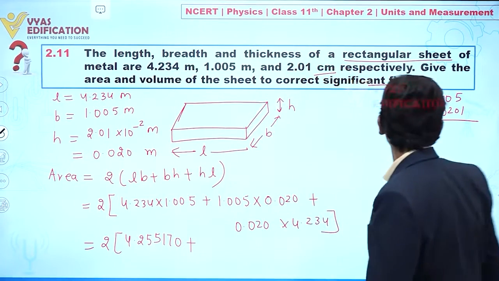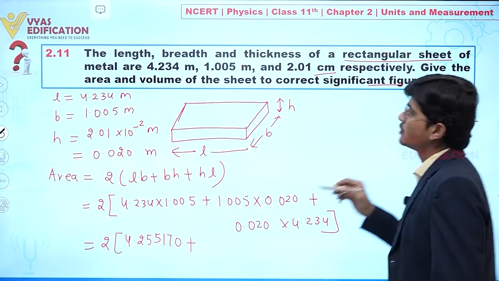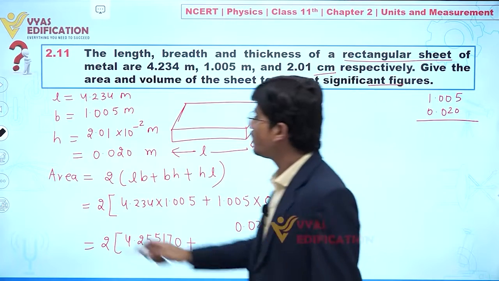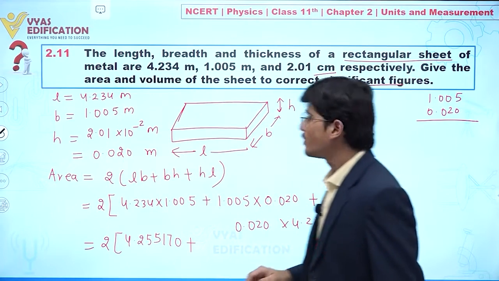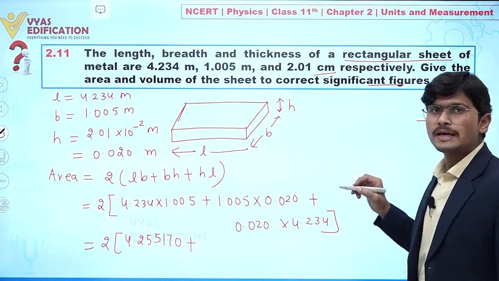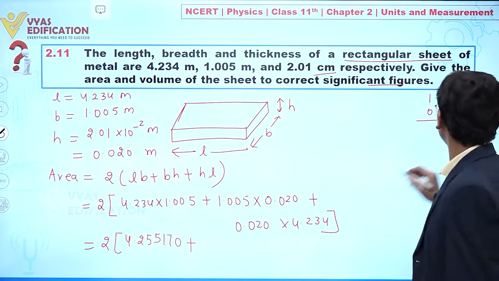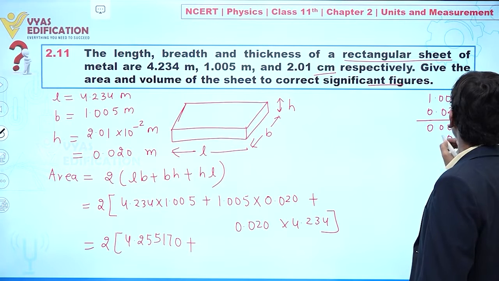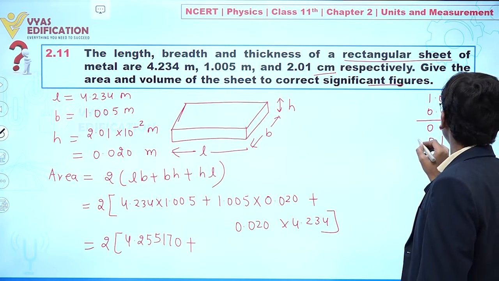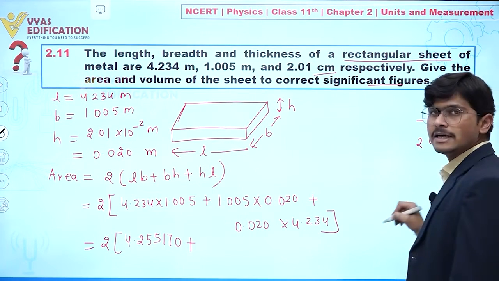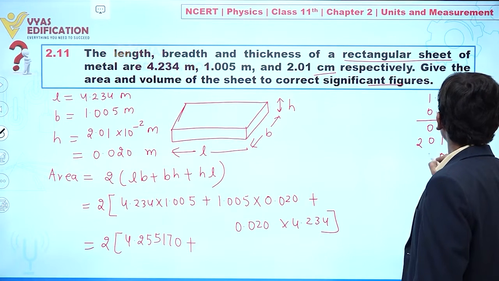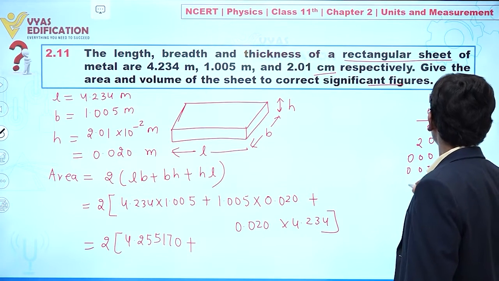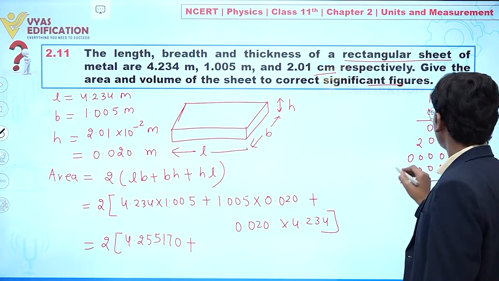So if I multiply it here, just a minute. Now listen carefully, if you multiply 1.005 with 0.020, then we can say 0 0 0 0, clear, we have here 0 1, then 0, then 2, then again 0 0 0 0, and 0 0 0 0, this one was again 0.